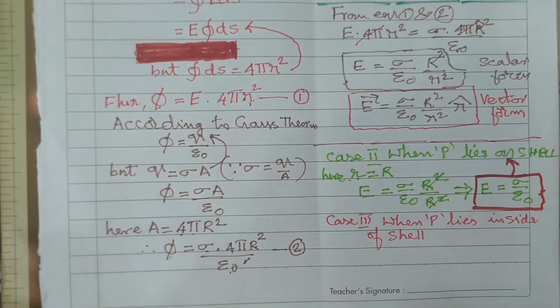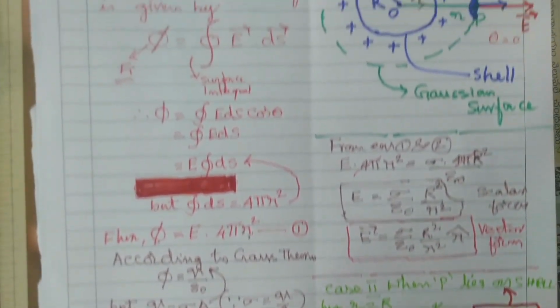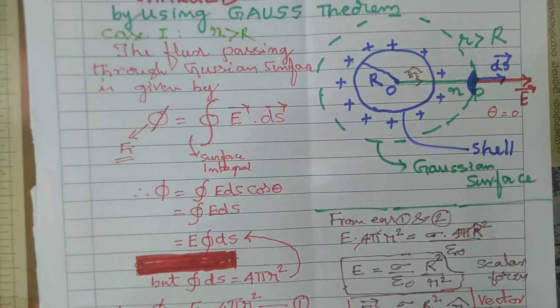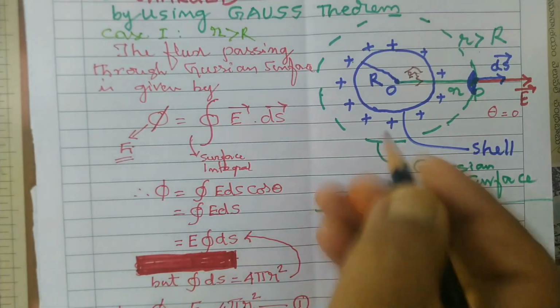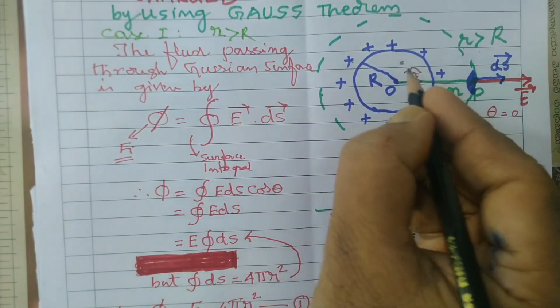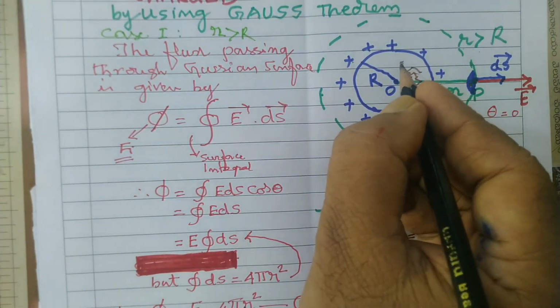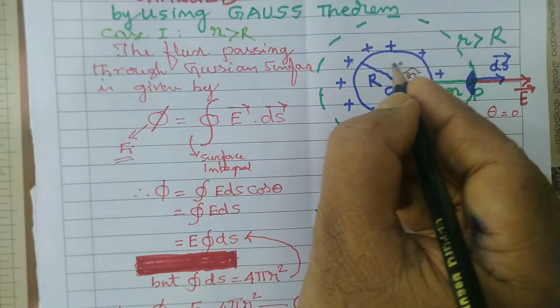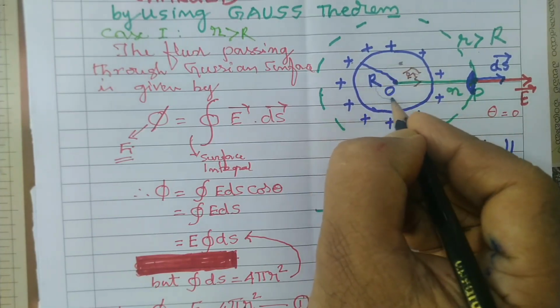When point P lies inside of the shell, let us go to the diagram here. Here, using the pencil, I'd like to show here. Inside means somewhere here. So, if point P, third case I am talking about, lies inside of the shell, we have to take the Gaussian surface like this.